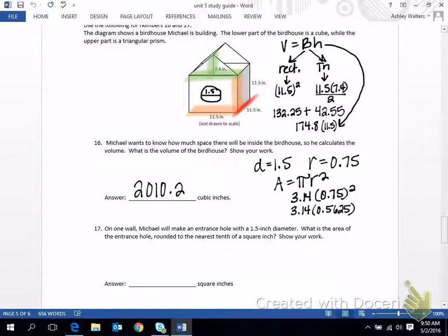And when you multiply that by 3.14, you come up with 1.76625, which would round to 1.8. So 1.8 square inches.